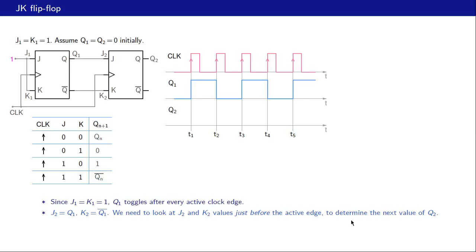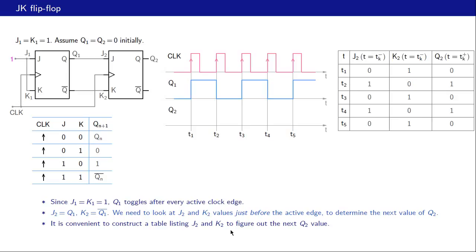So let us do that. And we will find it very convenient to have a table listing J2 and K2 at the various transition points to figure out the next Q2 value. So let us prepare such a table there, and let us understand what this says.